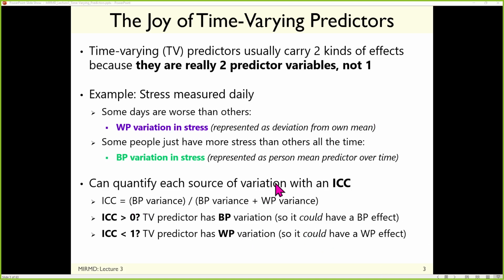If we have an intra-class correlation greater than 0, that time-varying predictor has some kind of person mean differences at level 2 embedded in it, and therefore it has the chance for those person mean differences to relate to person mean differences of another variable. If the predictor's ICC is less than 1, then it has at least some within-person fluctuation to it, and that within-person variation can in turn relate to the within-person part of another variable. So there's a parallelness to the predictor and for the outcome.